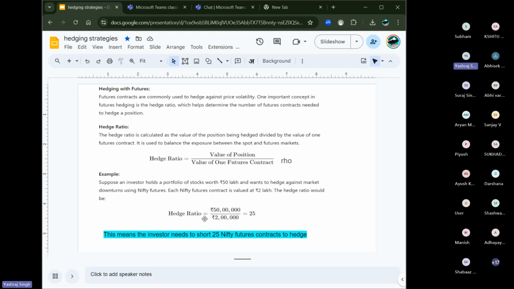So in that scenario, if somebody has a portfolio of 50 lakhs, and the change in the future is similar to the change in the spot, then in order to completely hedge his exposure in the markets, he needs to sell 25 lots of Nifty futures, right? That way, his exposure in the markets is now 0.